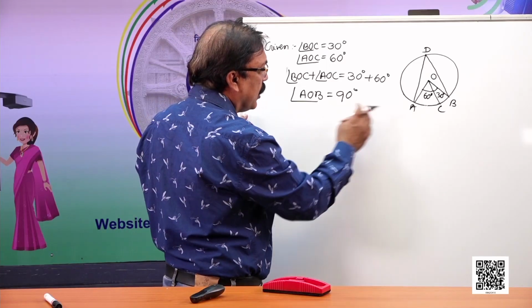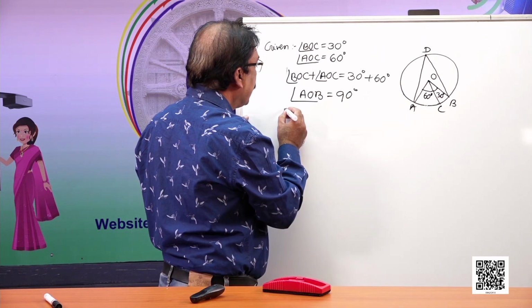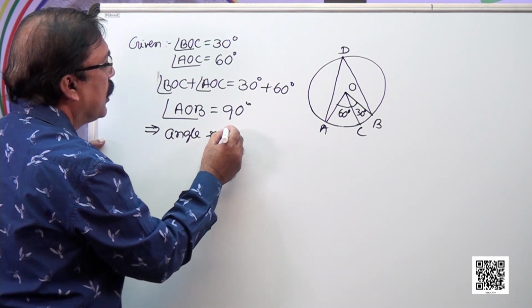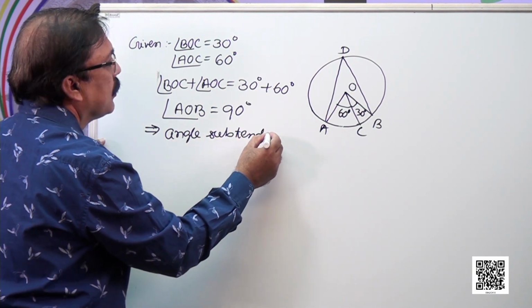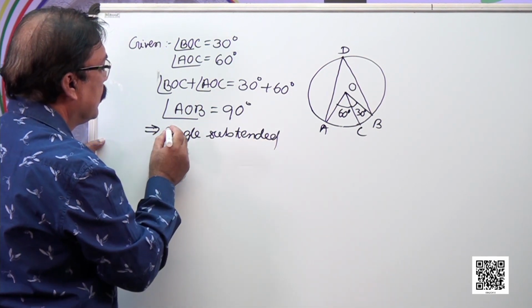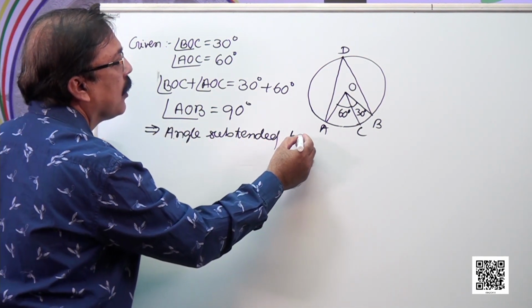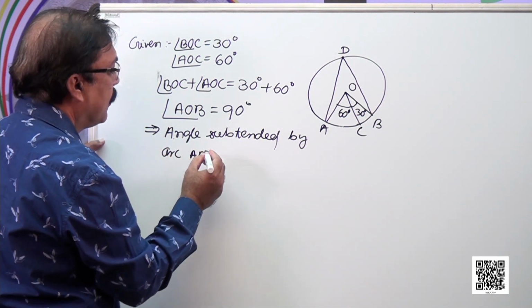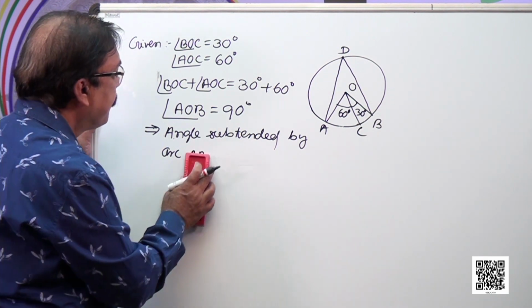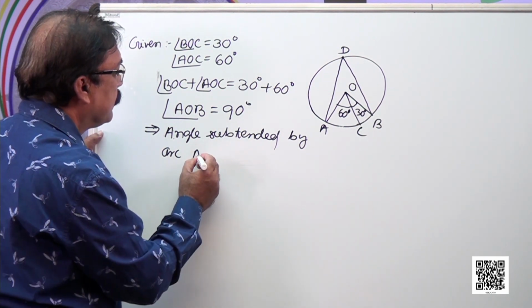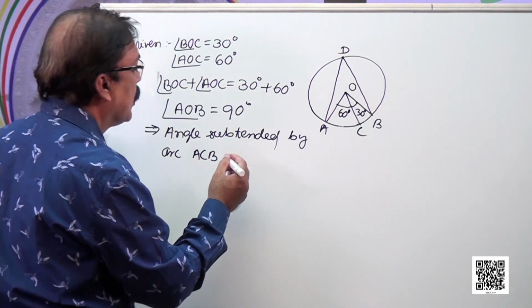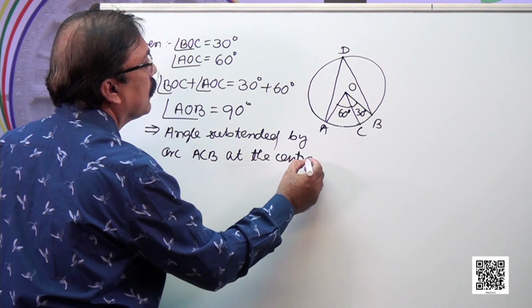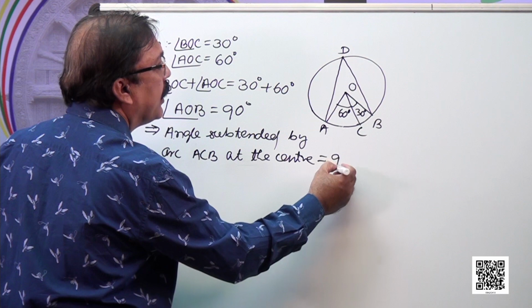Now you see AOB, this implies the angle subtended by arc AB, say ACB, at the center is equal to 90 degree.